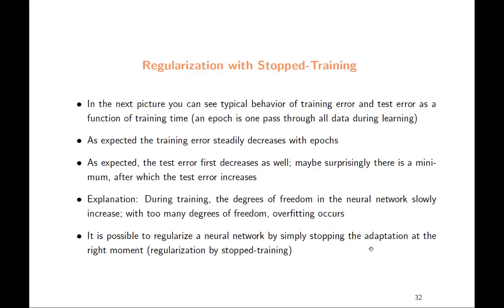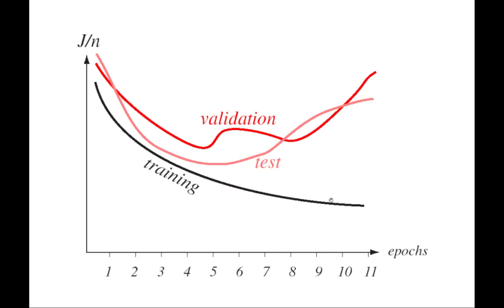So now we discussed weight decay and another cost function, the cross entropy cost function. But there's an even simpler way of doing regularization, so avoiding overfitting, and that's called stopped training. It's probably better to look at the figure. This is what you often observe when you are training a neural network. And since this takes some time, you typically monitor your training progress.